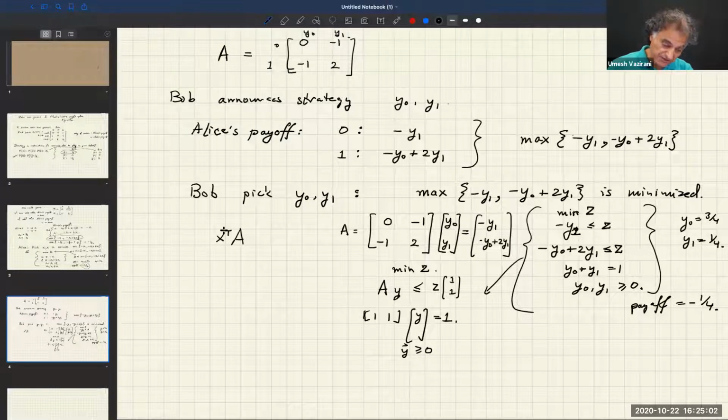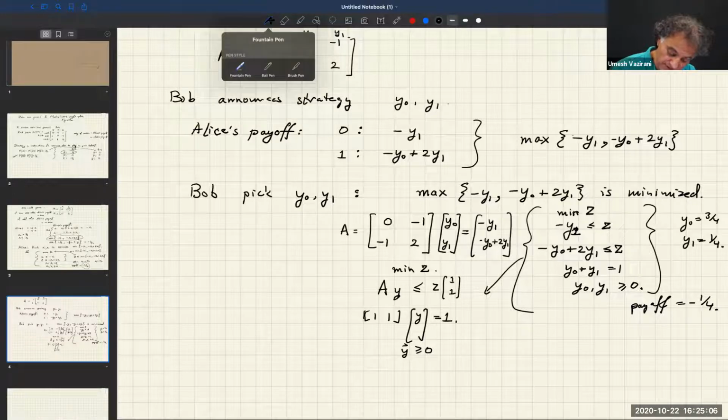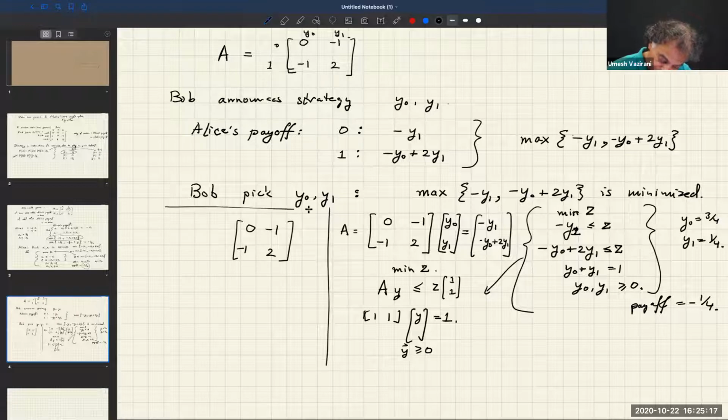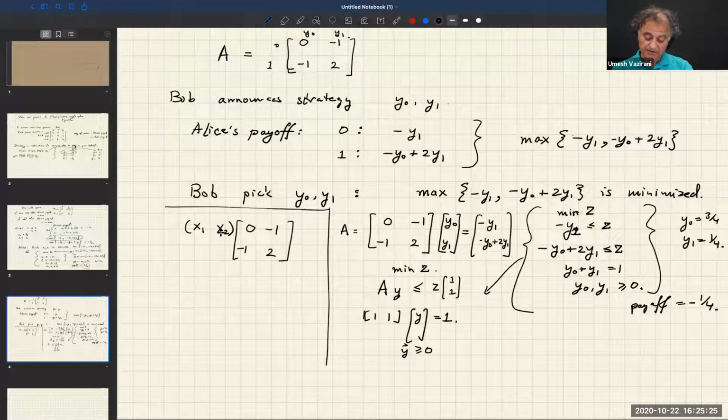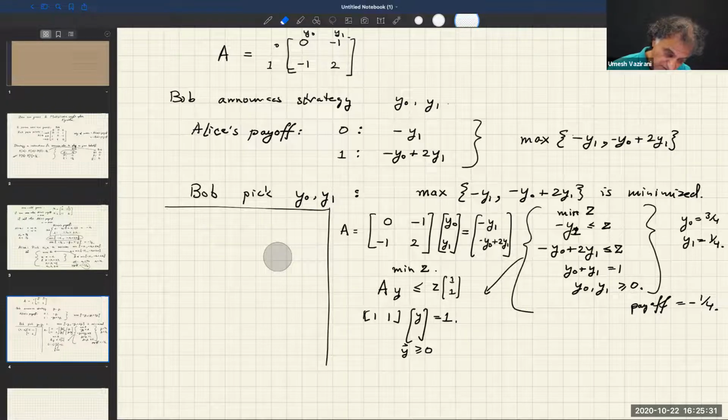Sorry, maybe I'll just do the example instead. I'll show it to you in the example. So there what we did was we looked at A, and we looked at Alice picks X1, X2.